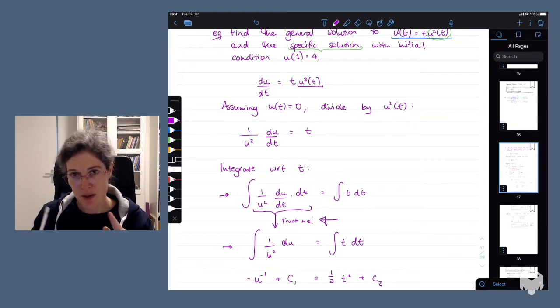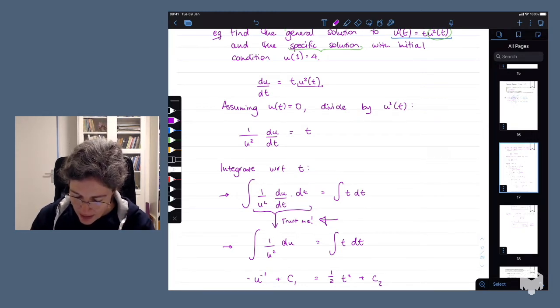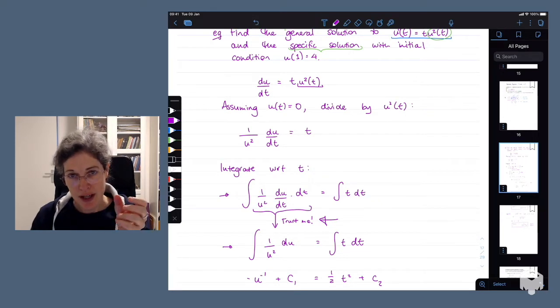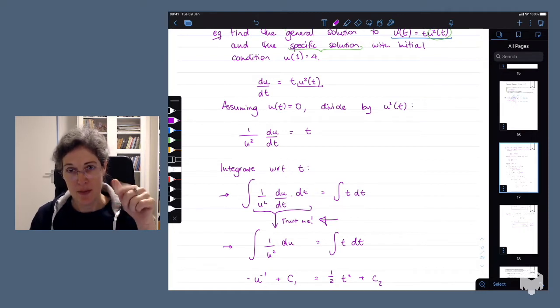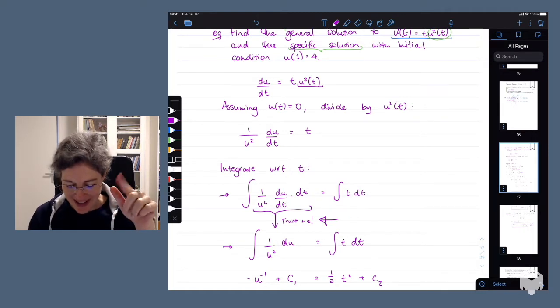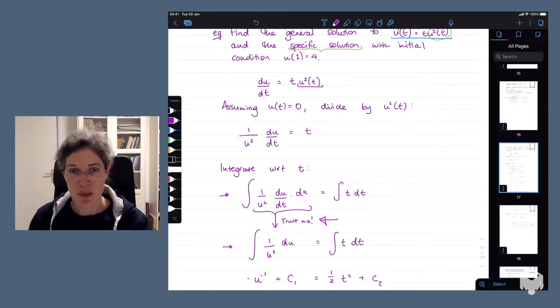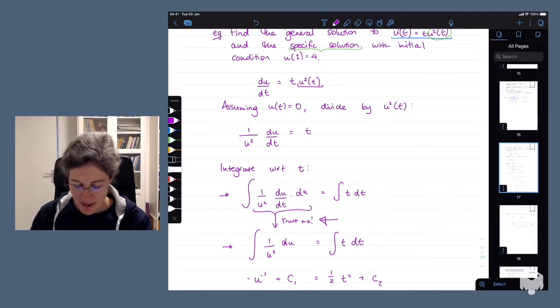Thinking back to what you want, you can define a new variable that will let you show that these two integrals are the same. I challenge you to do that, or go and have a look on the internet how it's done. It will remind you about Calculus 1 and change of variables. If you have any questions, you can come and ask me. It does work.